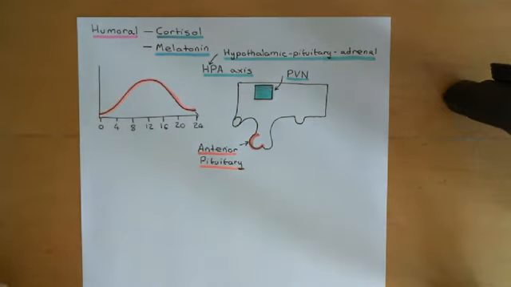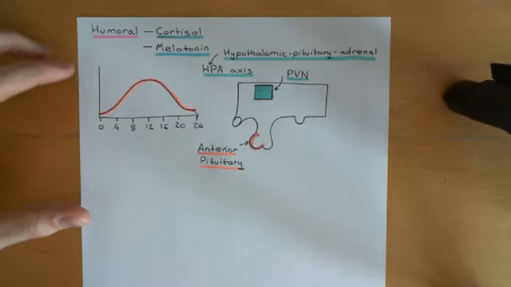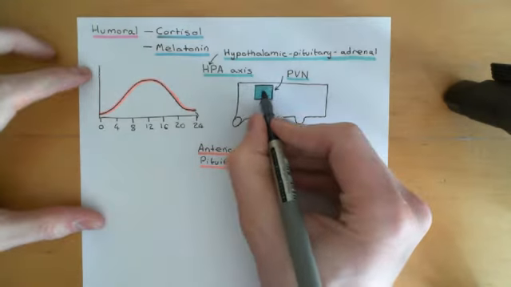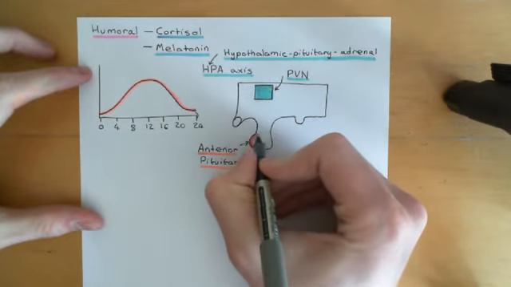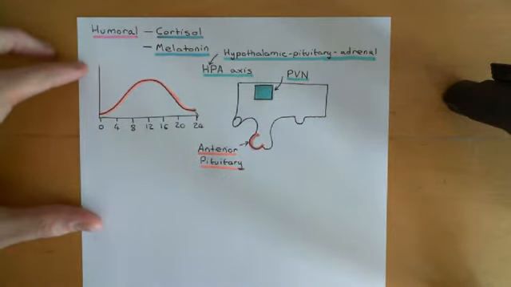Now, the message that the paraventricular nuclei send to cells in the anterior pituitary, which can then send a message to the adrenal glands, is not a neural message. So it's not the case that axons are going to come down into the anterior pituitary and synapse onto the cells of the anterior pituitary.